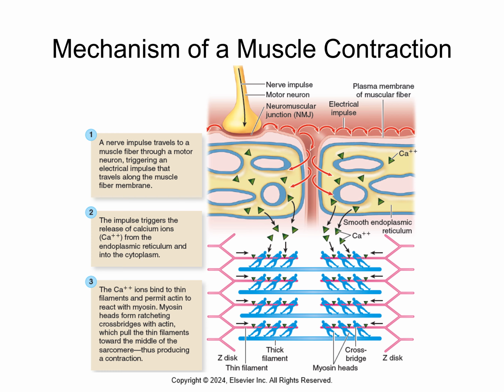Saltatory conduction. A nerve impulse travels to a muscle fiber through a motor neuron, triggering an electrical impulse that travels along the membrane of the muscle. So it goes down. Now it's at the membrane of the muscle. Now it's going to trigger an electrical impulse, okay?